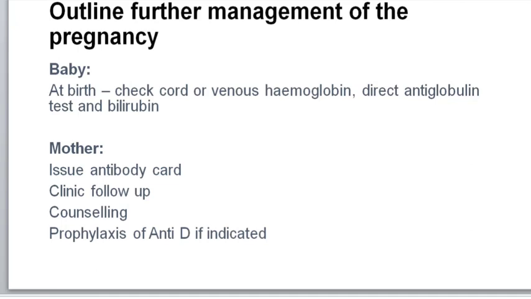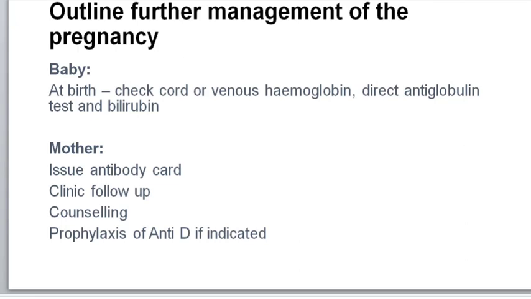And if there is a risk of HDFN, then the neonatal team decides whether to treat with neonatal exchange or phototherapy, whatever their protocols are. Then the mother, you need to follow up this patient in your clinic once.